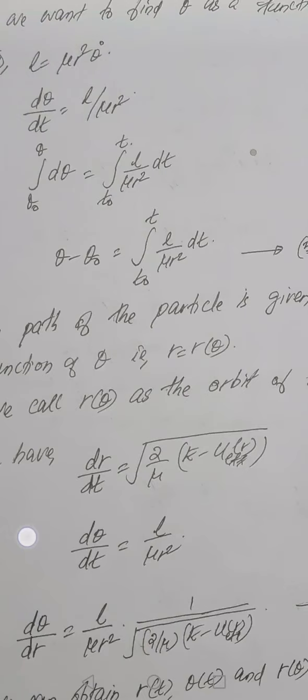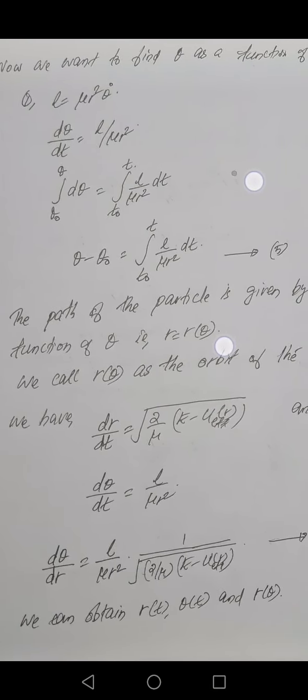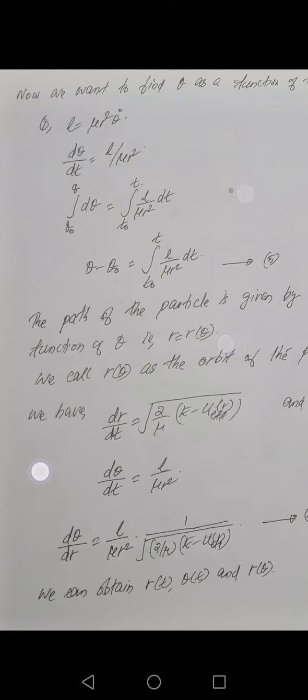The integral of d theta is equal to the integral from t0 to t of L by mu r squared dt. So theta minus theta 0 is the integral from t0, some initial time, to t of L by mu r squared dt. Now from this equation we get how theta varies with respect to time. So we have two equations. One tells how r varies with time, another tells how theta varies with time.